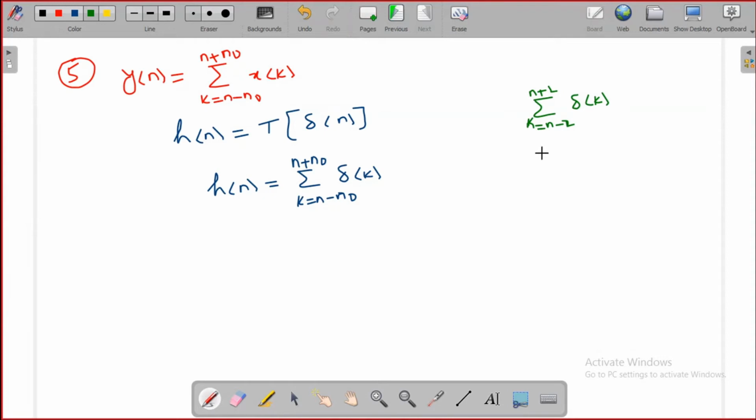So when you are expanding this, what are the terms you will get? Del of n minus 2 as the first term, plus del of n minus 1, plus del of n, plus del of n plus 1, plus del of n plus 2. Okay, so n plus 2, that is simply upper limit minus lower limit plus 1. Check it. Upper limit is n plus 2 minus.